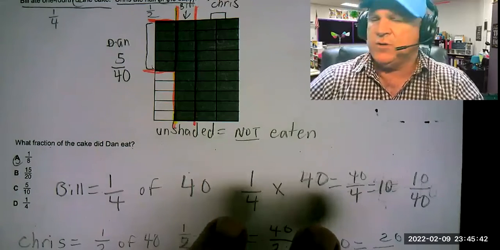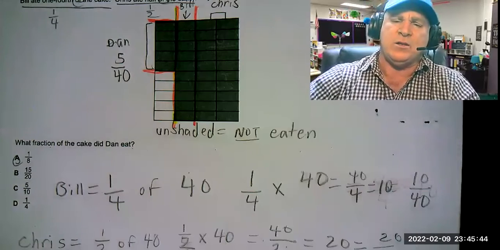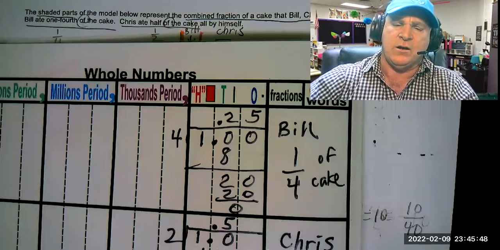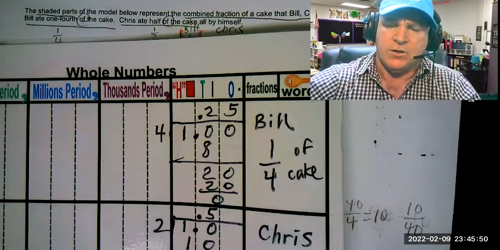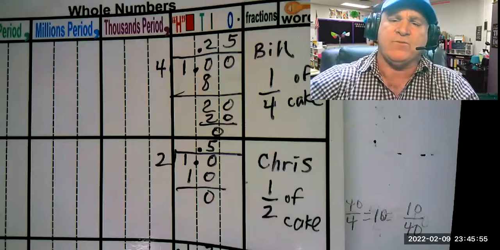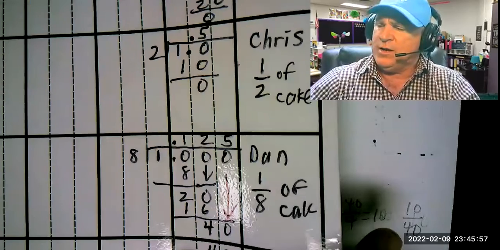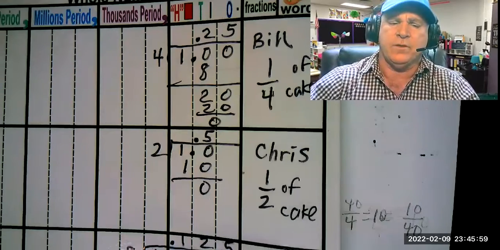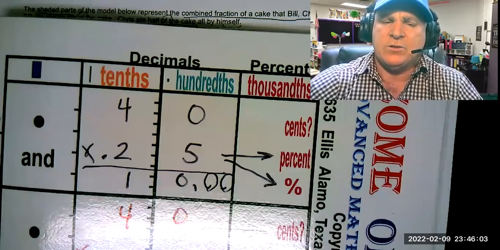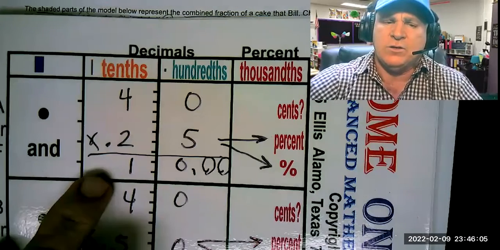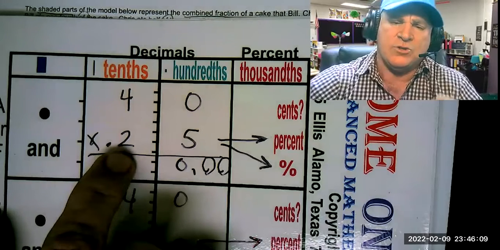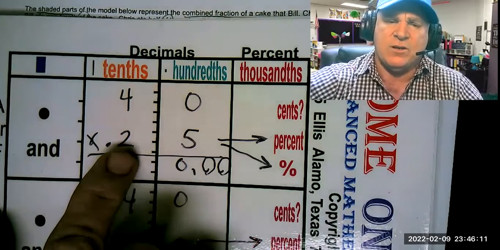So part 2 is to say, how do I change for the higher grades a fraction, which you see there, Bill's 1/4, Chris's 1/2, and Dan's 1/8, how do you change a fraction to a decimal to figure out the same answer that we got just doing times 40? And then I'll show you how to get to percent after that: fraction, decimal, percent.